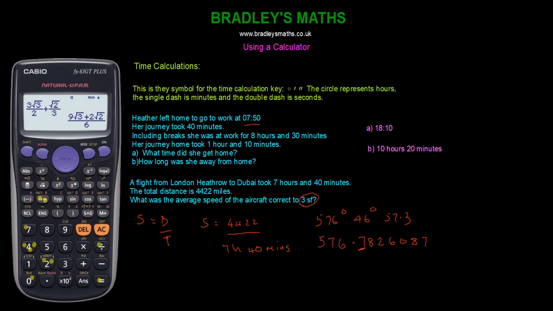If this is a 5, 6, 7, 8, or 9, we increase the third significant figure by 1 and we get 577 miles per hour to 3SF, 3 significant figures. And that is how we do time calculations on our calculator.